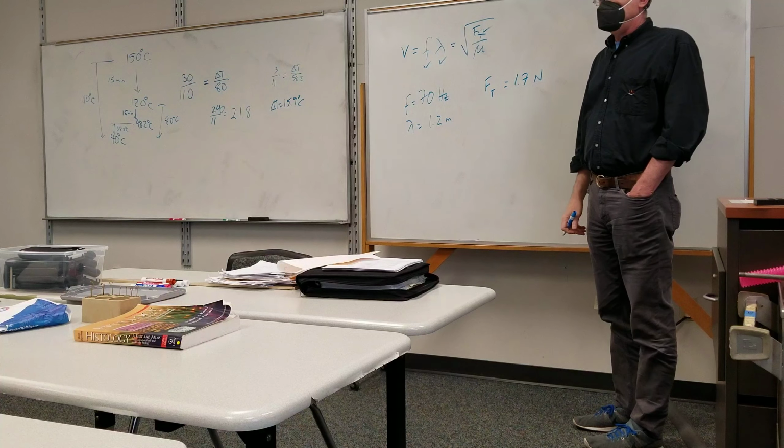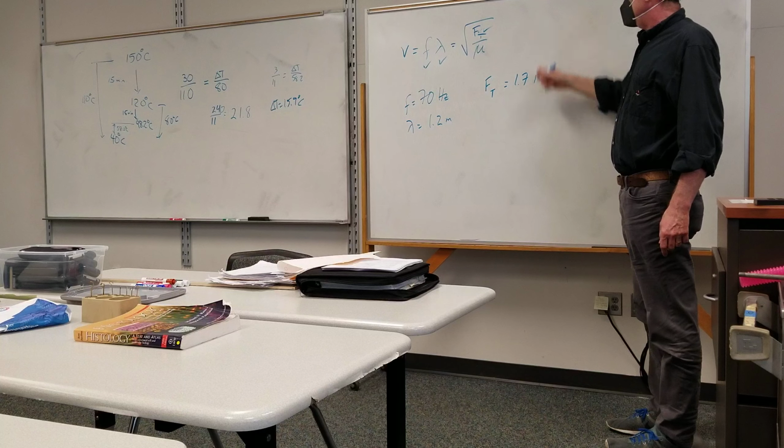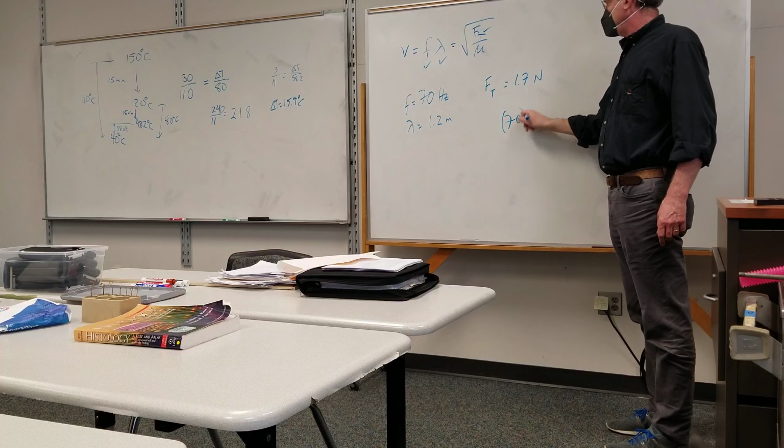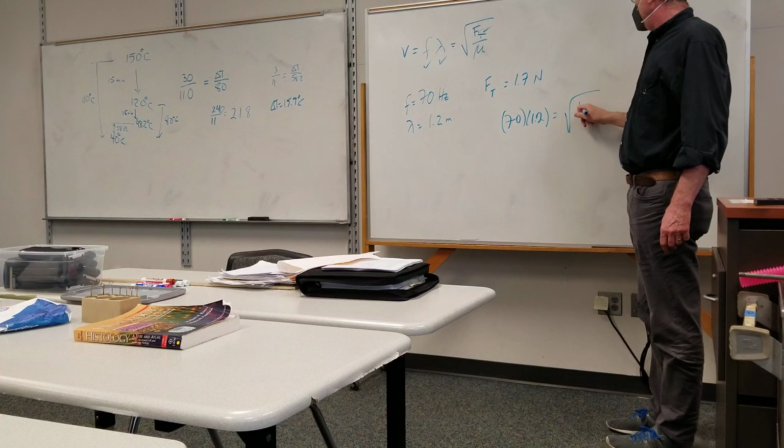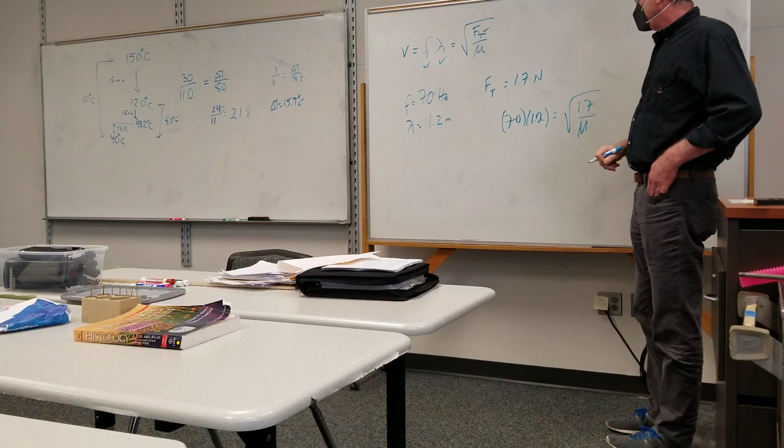These numbers are somewhat realistic. We'd end up with 70 times 1.2 is equal to the square root of 1.7 over mu. So that's the math problem.